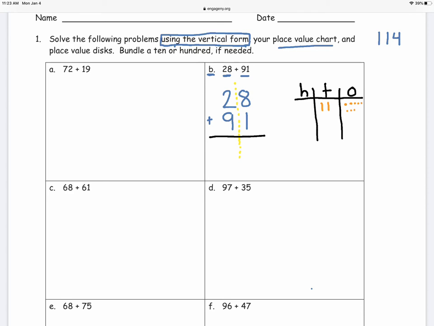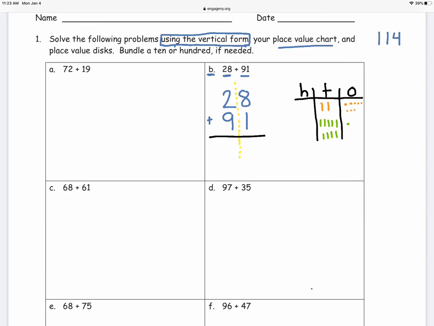And then I'm going to add my 91. 91 has 9 tens and just 1 one.